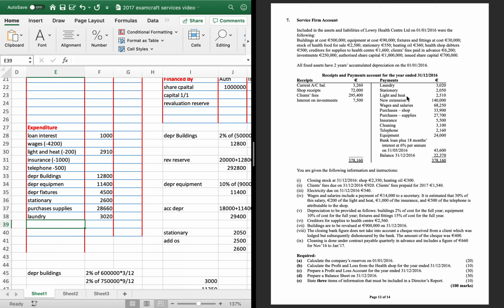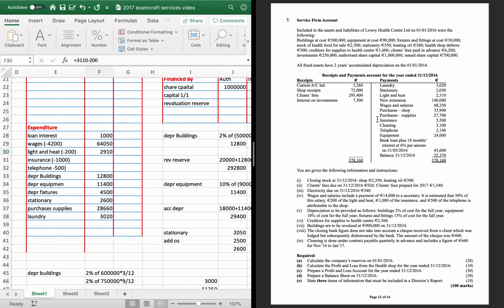Stationery we've done, light and heat we've done. The new extension, these are all ticked off. Wages and salaries, that's minus. Where is it? Wages and salaries, 68,250, and take away the 4.2. I'm just taking a chance on that. There was nothing at the bottom.